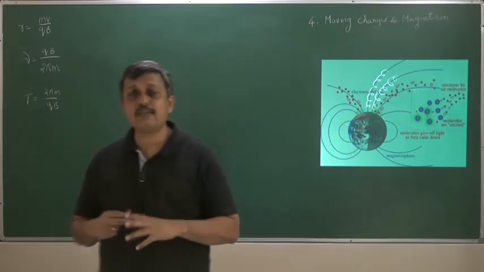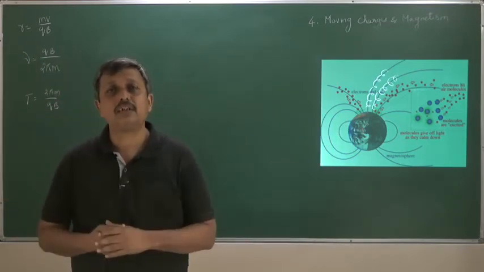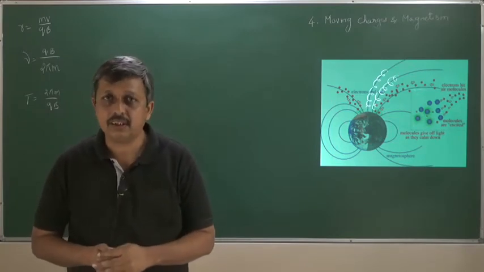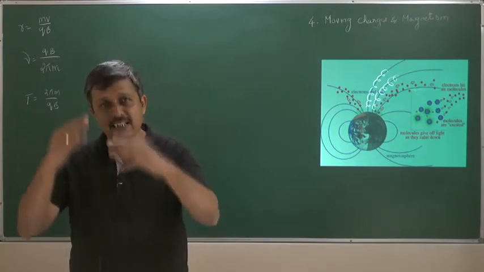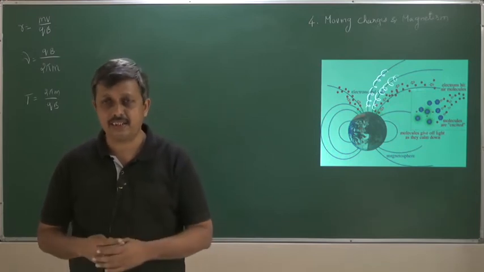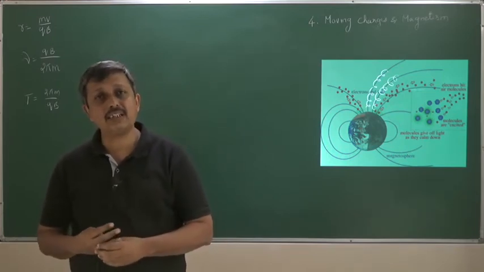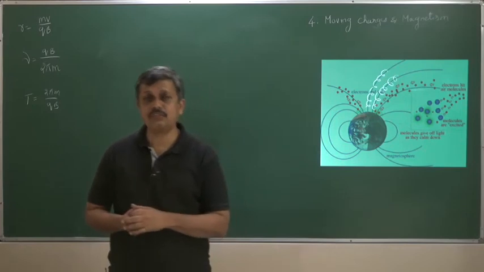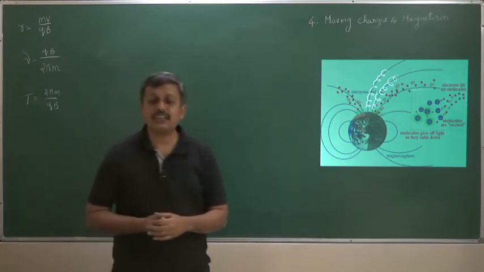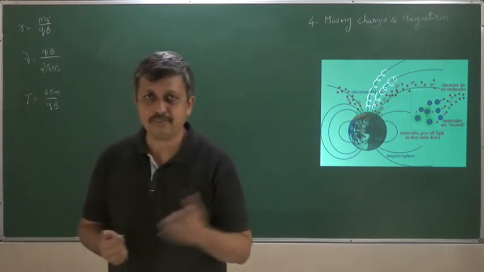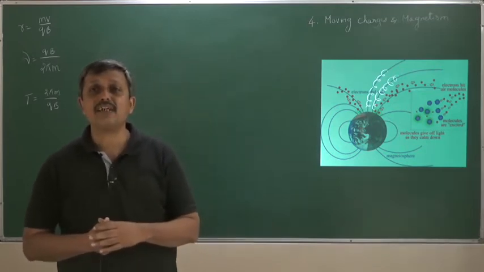When they get excited, the electrons go up the shells, and when they de-excite and come back, they emit certain light. Oxygen emits green light and nitrogen emits pink light. Those green and pink lights put together finally give you those colors.